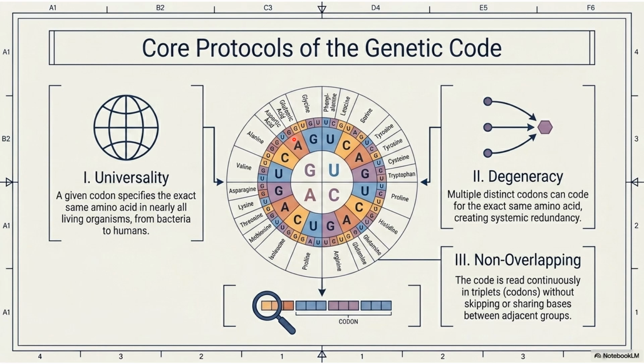So we have to remember certain terms regarding the protocols of reading the genetic code. First thing is universality. If a codon, for example GAG, codes for a particular amino acid in one organism, it is the same for nearly all living organisms from bacteria to humans. That is universality. And next is degeneracy. What is degeneracy?